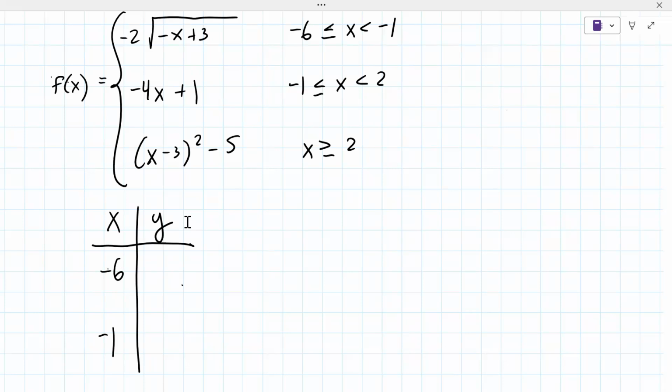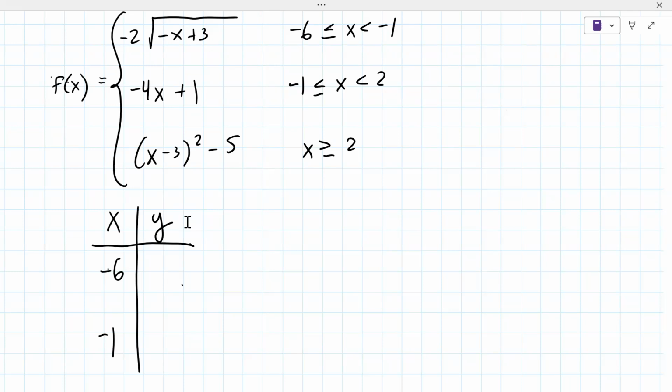Okay. So for negative 2, that's a 6. What I did is that I did negative 2 times the square root of negative negative 6, which I put as 6 plus 3, and then equals negative 2 times the square root of 9, and that's a 3.